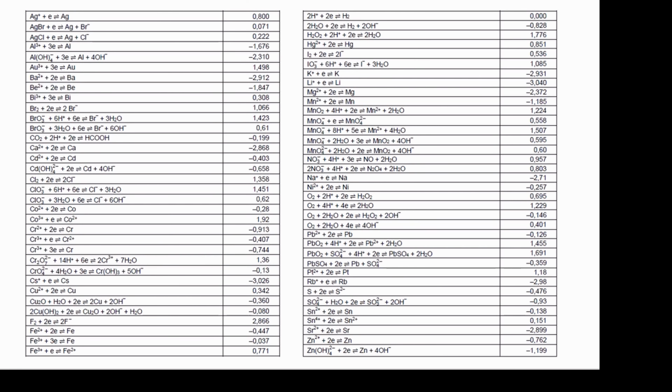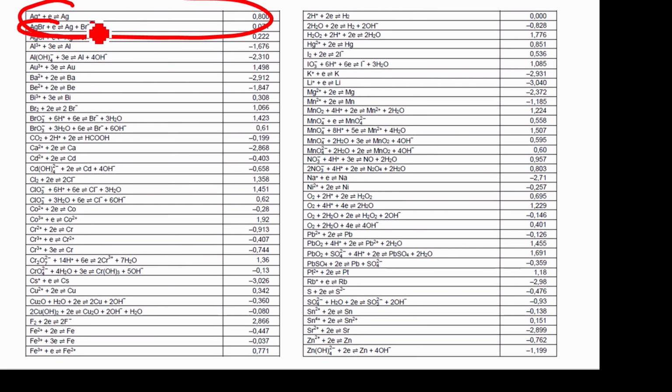So let's see once again this table containing all of these half cells, and of course the standard potentials of these half cells. The metallic type half cell, I mean this silver with silver cations.